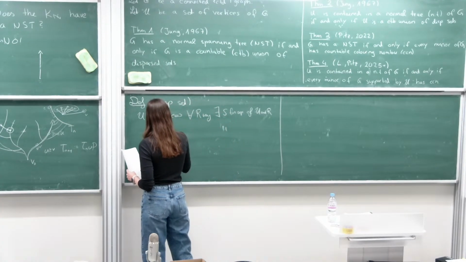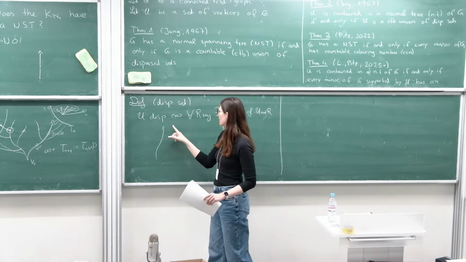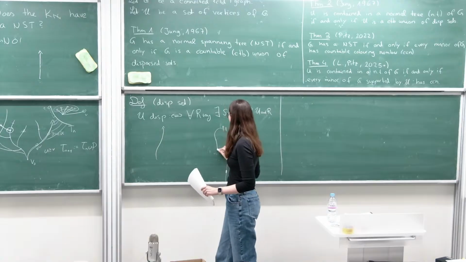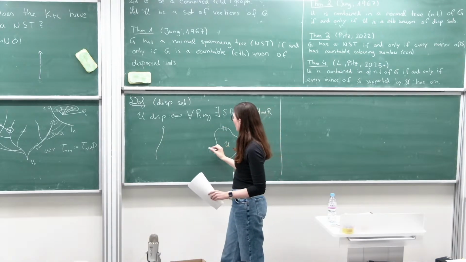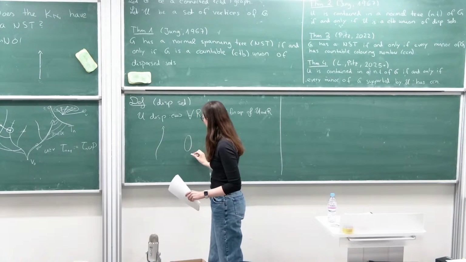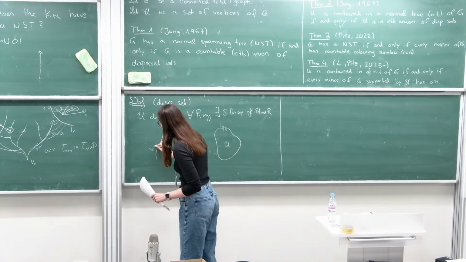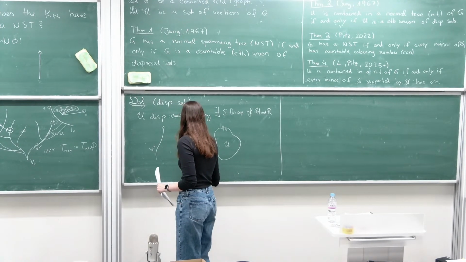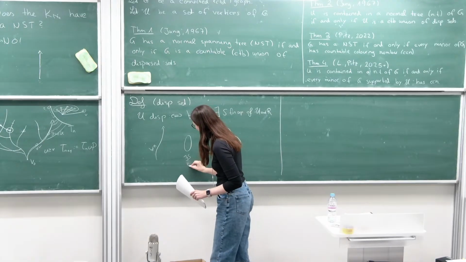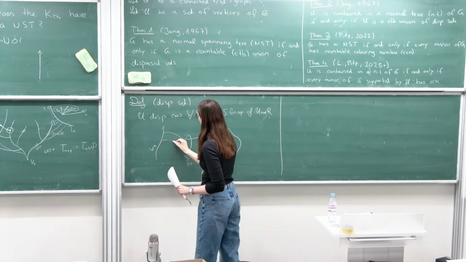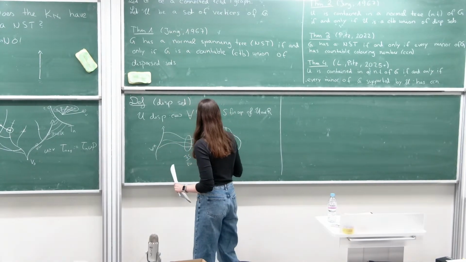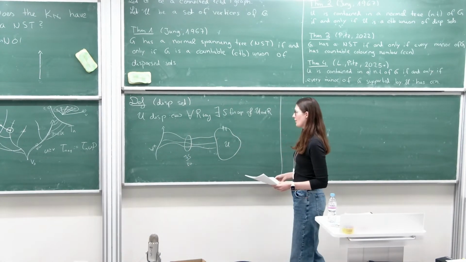We have an infinite path. This is a ray in our graph. And we have our set U, which doesn't have to be connected. Now for every ray, we want to find a finite separator separating my ray and my set of vertices U.